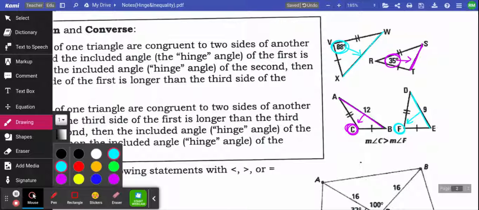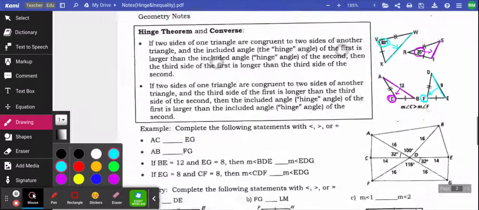C. Not only because it tells us and it looks it, but what's the reason? Yeah, 12 is bigger than 9.